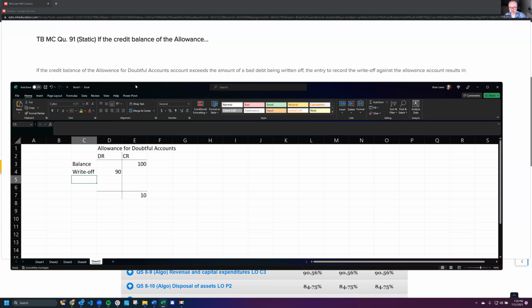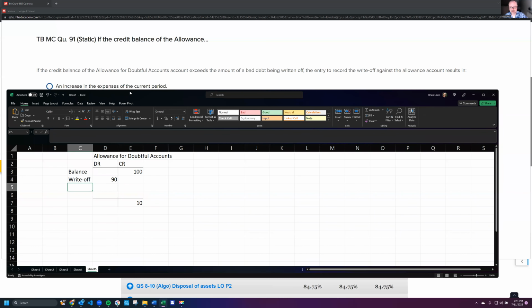My options are an increase in the expenses of the current period. No, because it all depends on what the allowance should be at the end of the period, and they haven't given us that information, so that's a no.